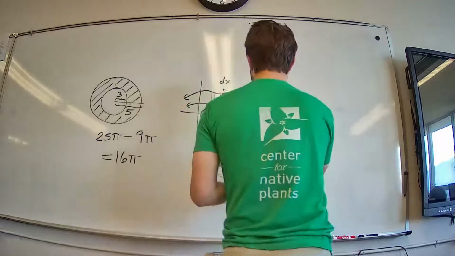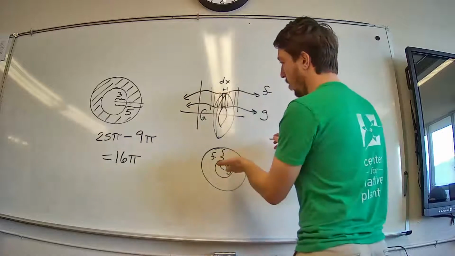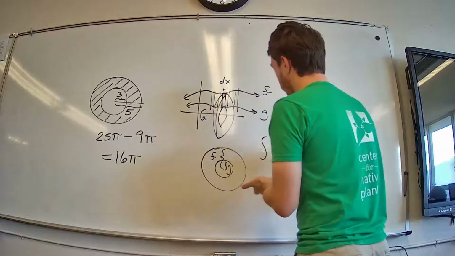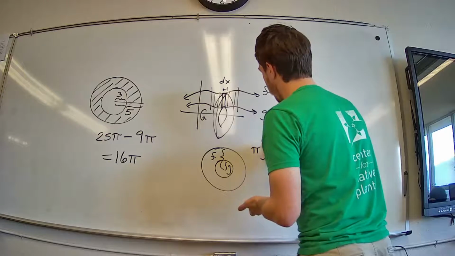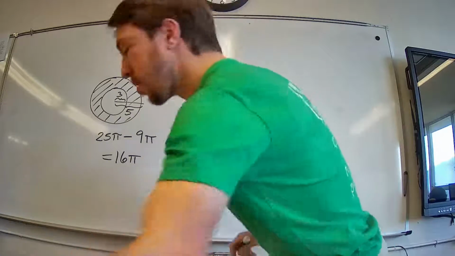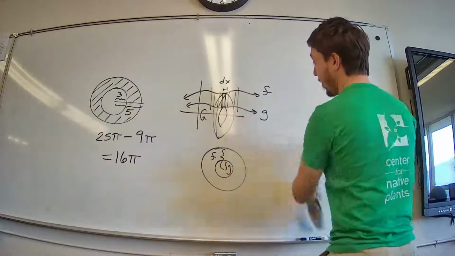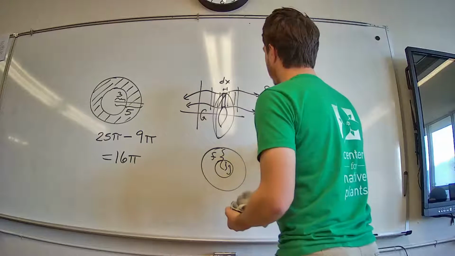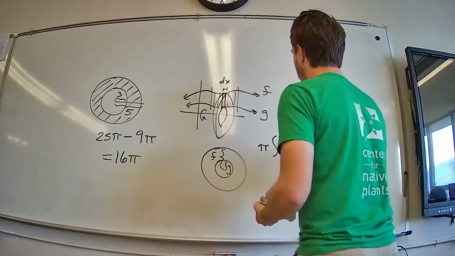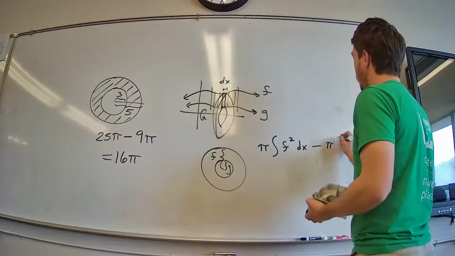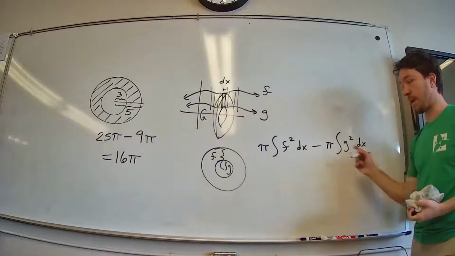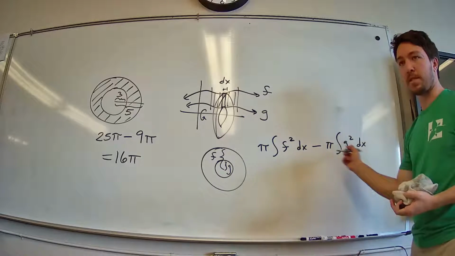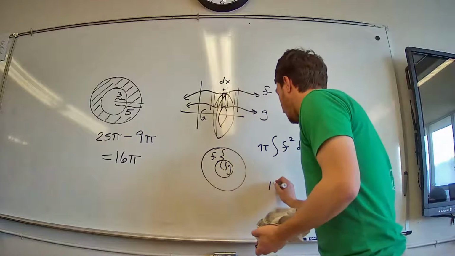And so the integral here would be, back up. What we talked about yesterday at the very end was you could go pi R squared minus pi r squared, right? Big circle minus little circle. But what's to stop you from just lumping it all into one?